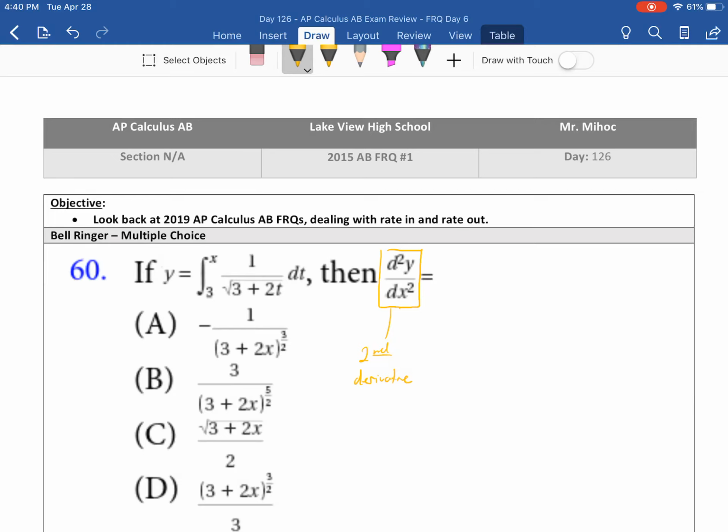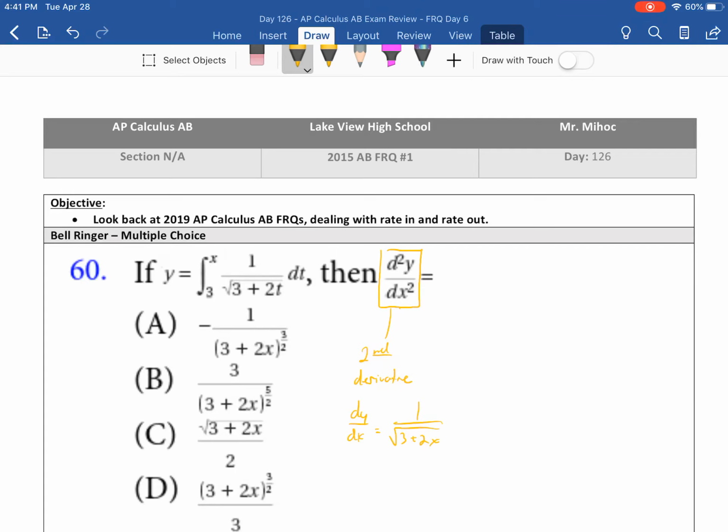All right. Well, since this y equals equation is defined as an integral, recall that when we take the derivative of an integral, we're just left with the original expression. So dy/dx is equal to 1 over the quantity radical 3 plus 2x. So that's all you're left with, right?